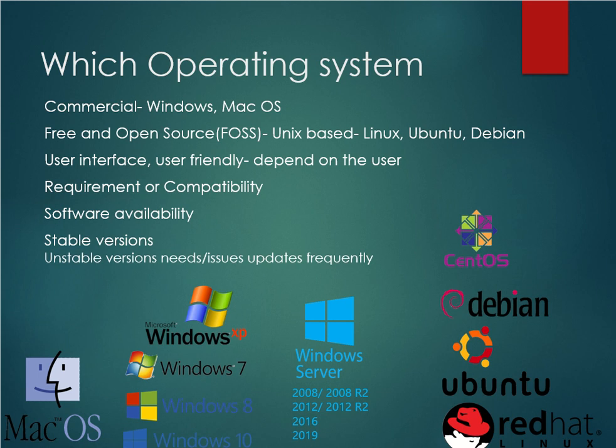And free and open source. If you don't have enough money or the commercial strength to buy an operating system, then we can go for another solution called free and open source. It is a Unix based or Linux based operating system.